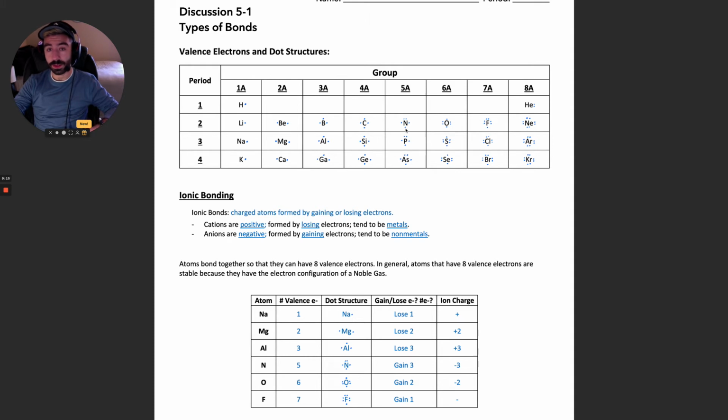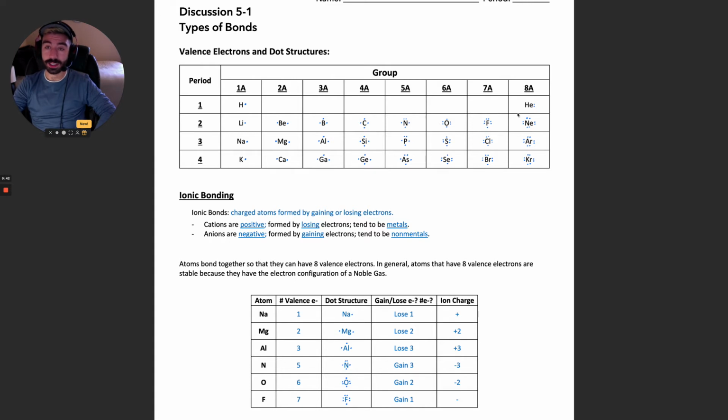It could lose electrons like everything else, but it could lose 5 or it could gain 3. So here it's going to be easier to gain 3. And so in this case, nitrogen is going to gain 3 and have a charge of negative 3 because it's gained 3 electrons. There's 3 more electrons than there are protons.